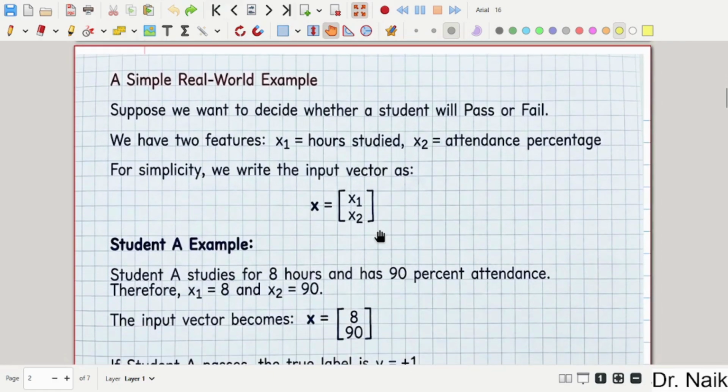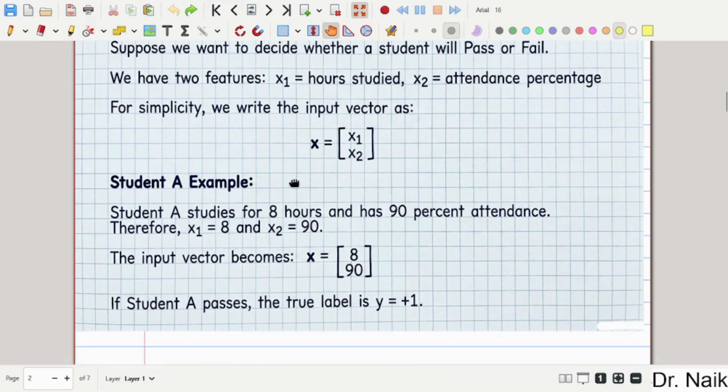Let us take a simple real world example. Suppose we want to decide whether a student will pass or fail. We have two features: x1 is equal to hours studied and x2 means attendance percentage. For simplicity, we write the input vector x as a column vector with elements x1 and x2.